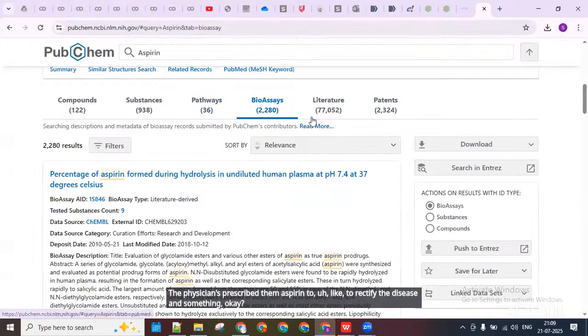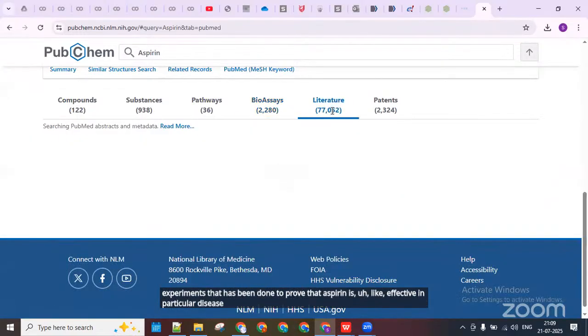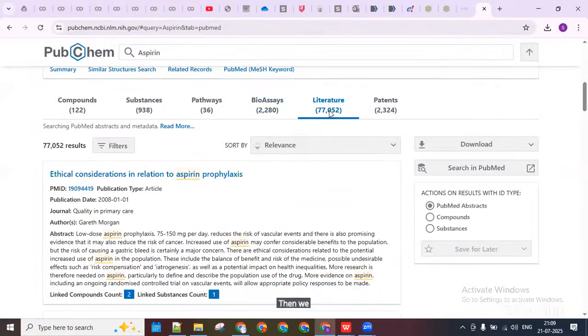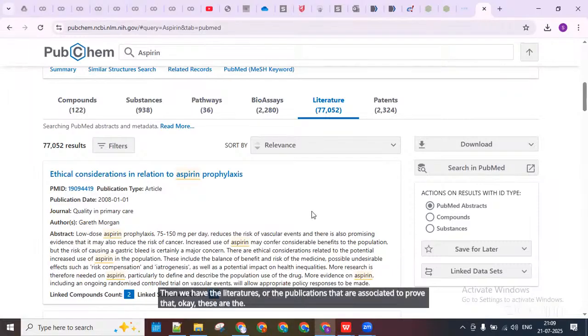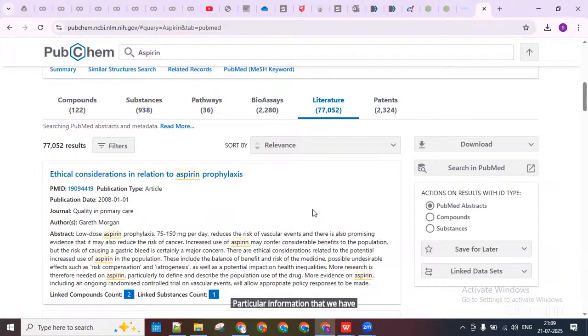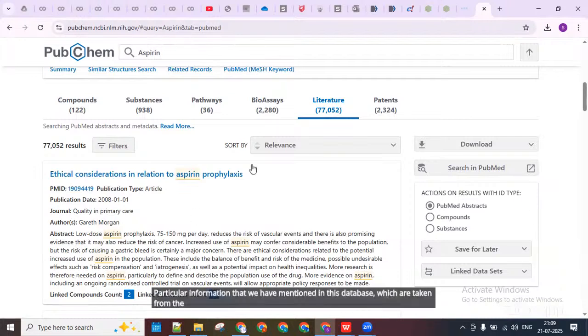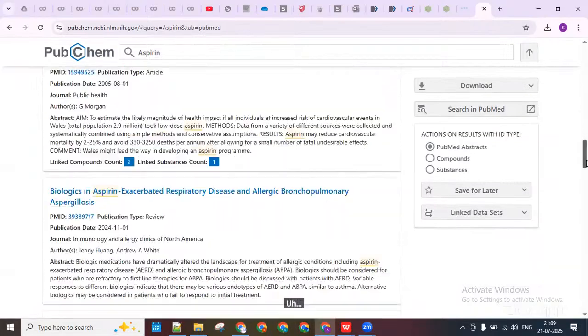Okay, and there are literatures and bioassays related to experiments that have been done to prove that aspirin is effective in a particular disease or treatment of disease. Then we have the literatures or publications associated to prove that these are the particular information that we have mentioned in this database, which are taken from the particular publication, and what are the patents filed for this particular medicine or drug, we can see.